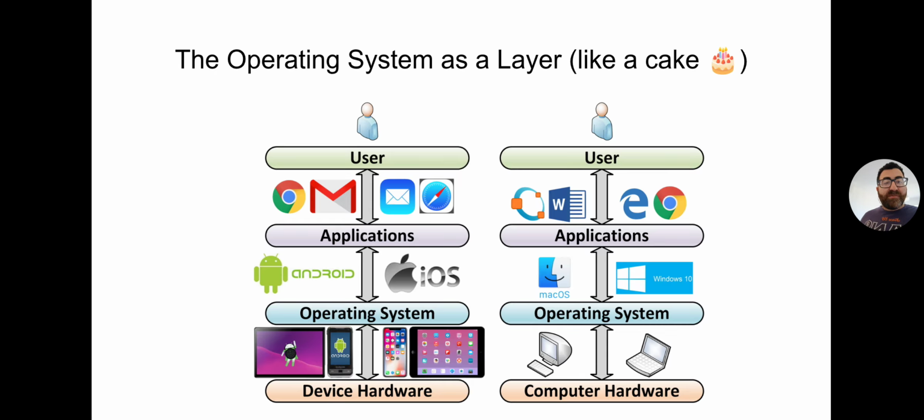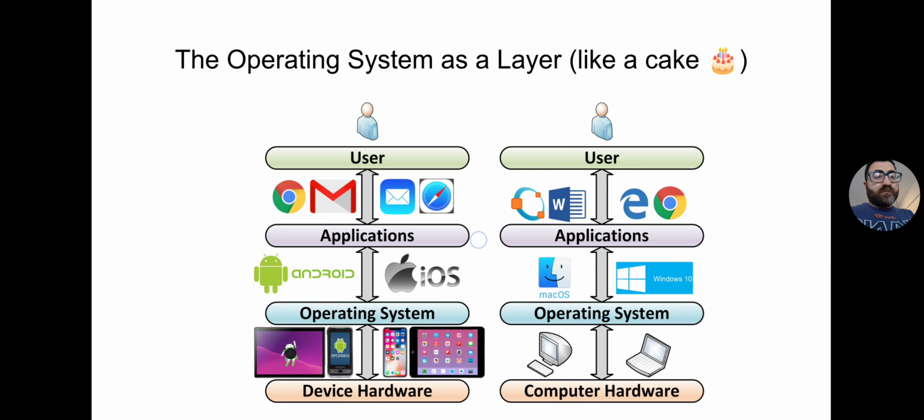It makes sure that the applications are isolated from each other, and that the applications can access the hardware without having to know the internal details of the hardware. So again, the operating system is a layer like a cake. The operating system is the foundation, and the apps or the applications run on the operating system. And the operating system runs on the physical hardware.